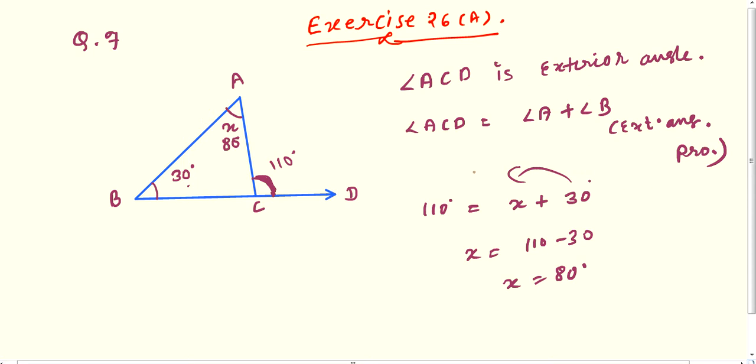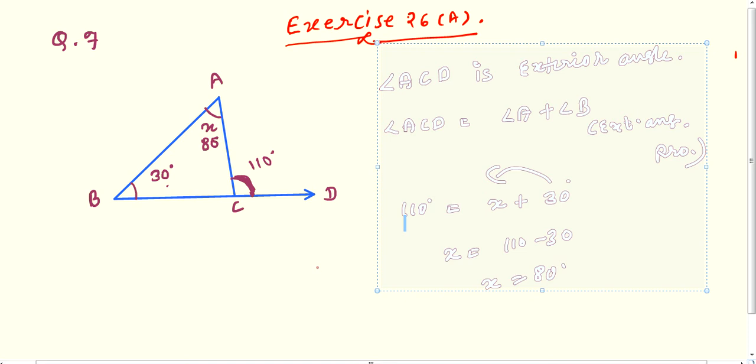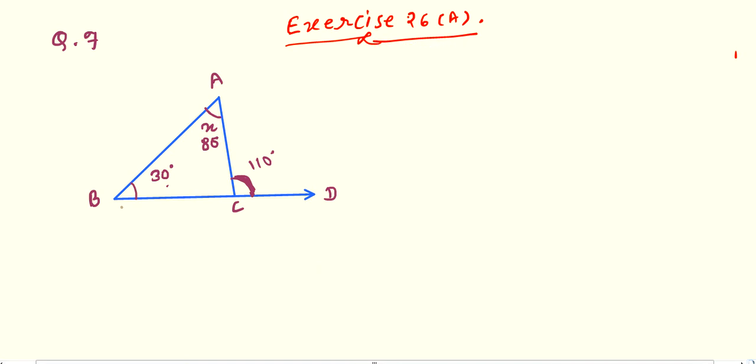One more way that I want to explain. In chapter 24, we have studied that if we have a straight line, then we have a straight angle.